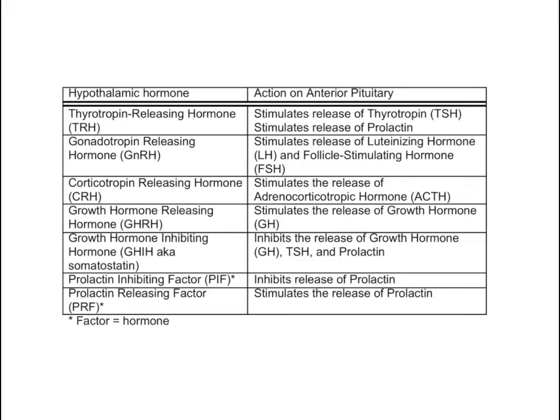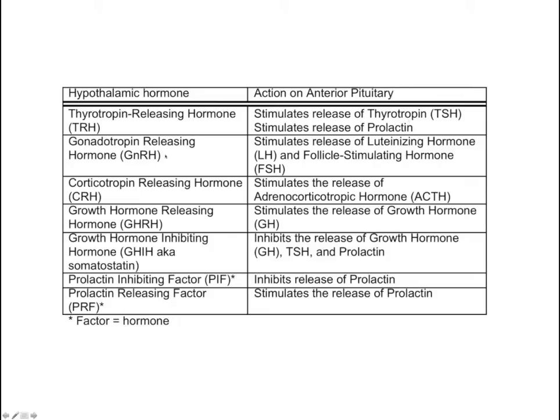So looking at the hormones that are released by the hypothalamus and that affect the anterior pituitary, they're listed here. You have thyrotropin releasing hormone that's released by the hypothalamus and will pass down to the anterior pituitary, and this will then stimulate the release of thyrotropin or TSH, thyroid stimulating hormone.